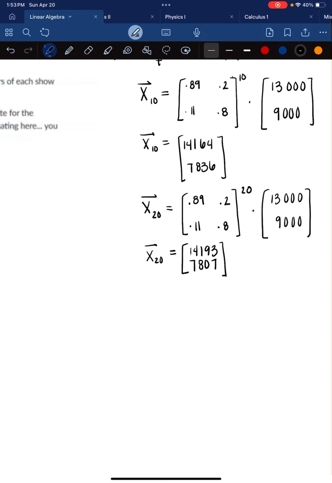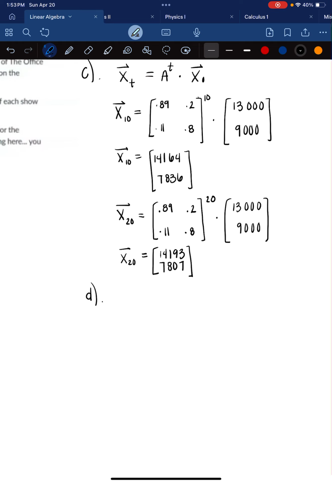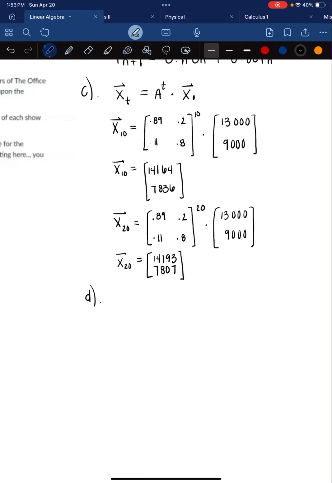Lastly, part D asks us to find the steady state. To go about this, I'm going to find A minus the identity matrix, which is negative 0.11, 0.2, 0.11, and negative 0.2. And I'm going to set the zero vector as my constants.